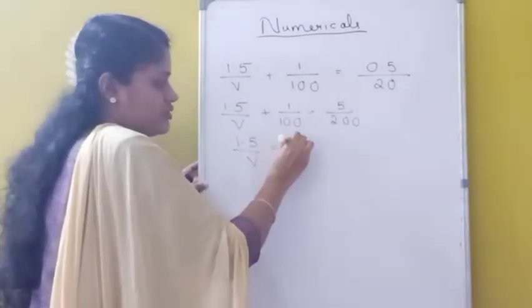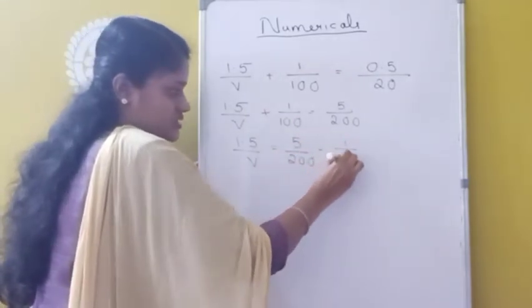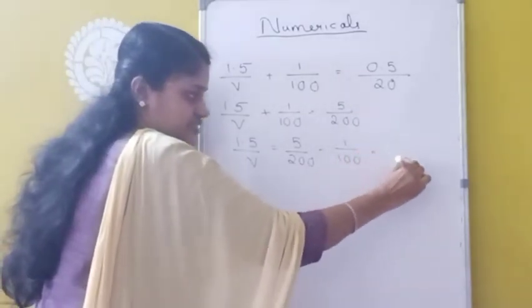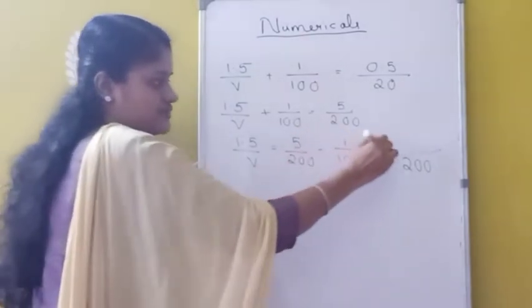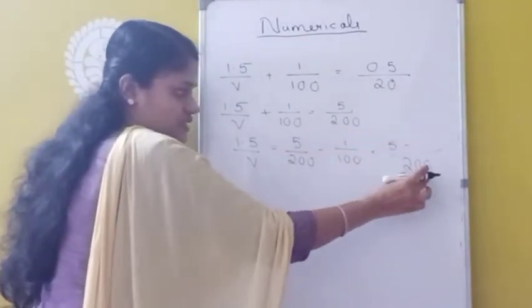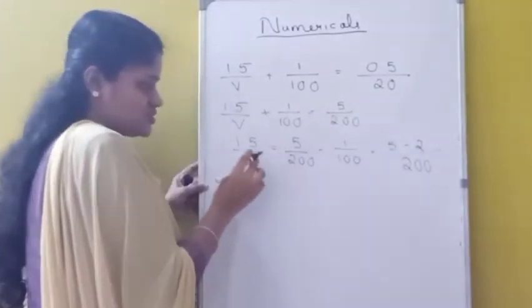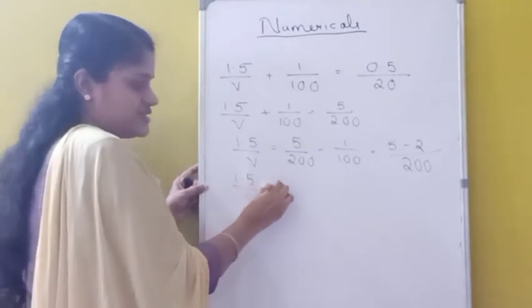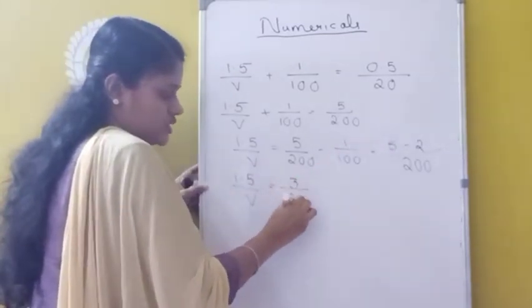So I get 5 by 200 minus 1 by 100. Here I am taking the LCM, which is 200. 200 by 200 is 1, 1 into 5 is 5, minus 200 by 100 becomes 2, 2 into 1 becomes 2. So the left hand side is 1.5 by V equals, on the right hand side, 5 minus 2, which is 3, so 3 divided by 200.